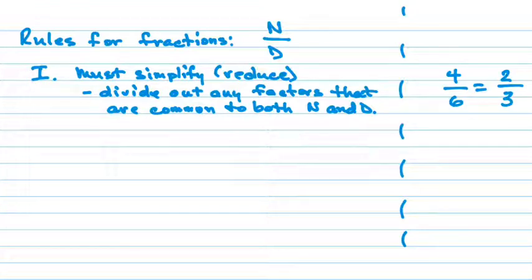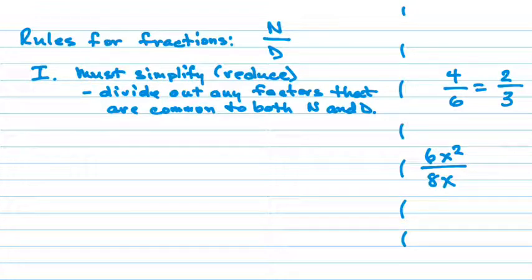The only difference now is that you're going to have more pieces to divide. For example, it could be 6x squared divided by 8x. The introduction of the variables doesn't really change anything. You're still just going to look at it piece by piece, because remember, the fraction bar means to divide.